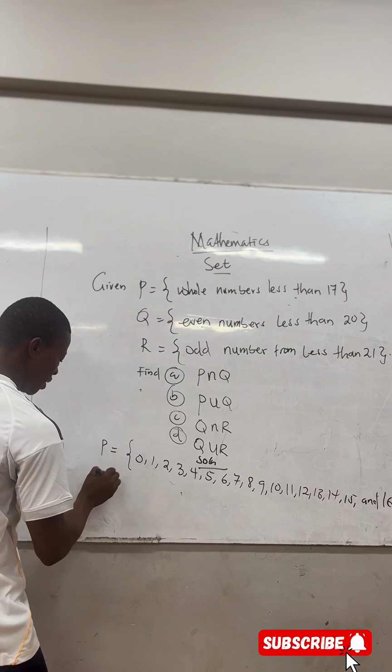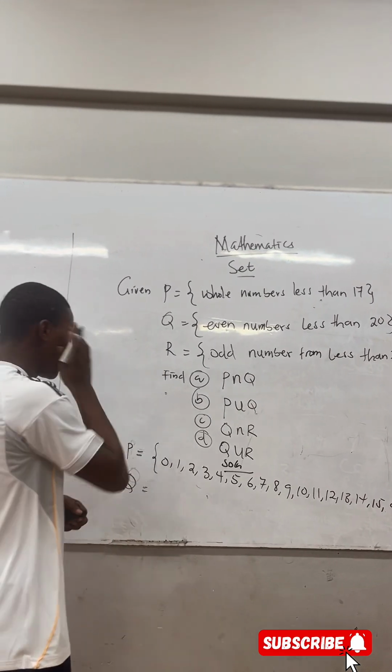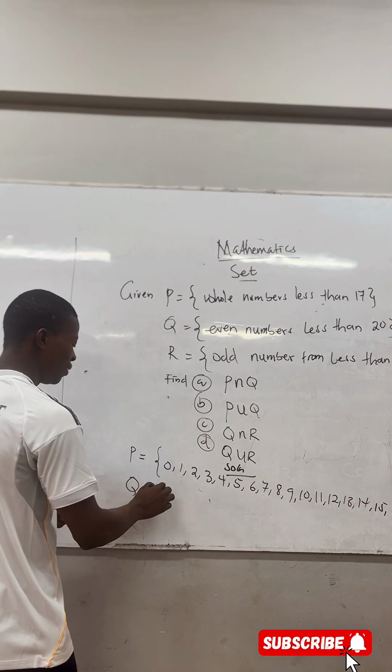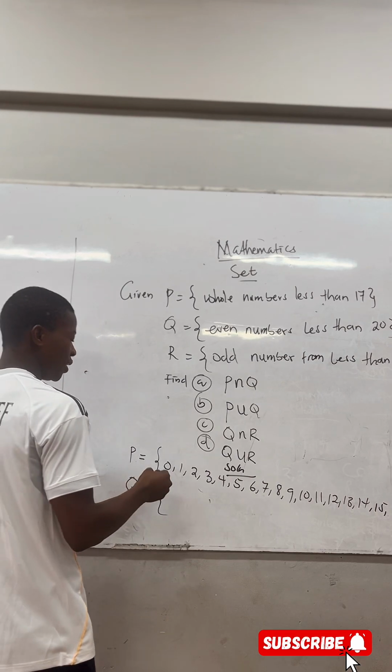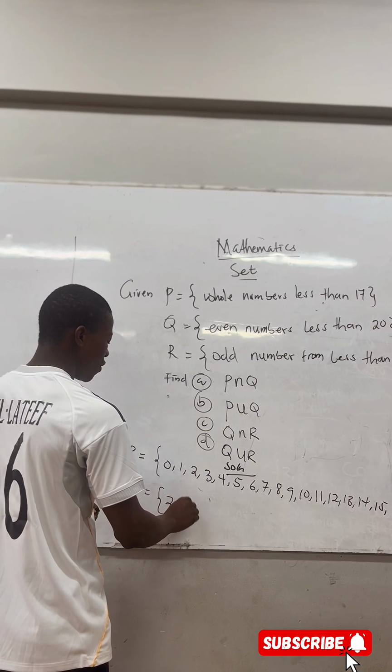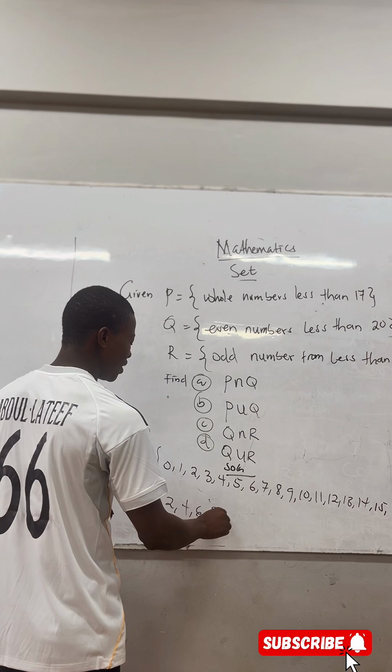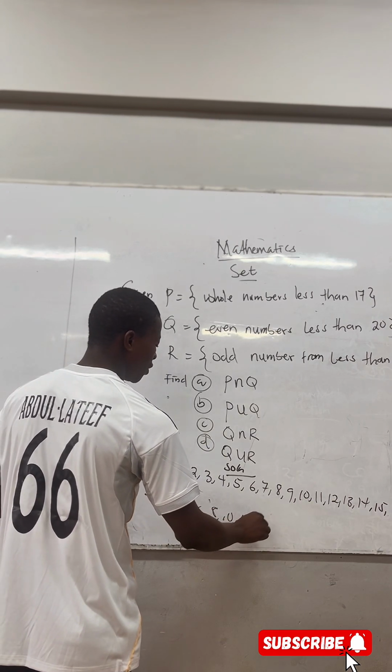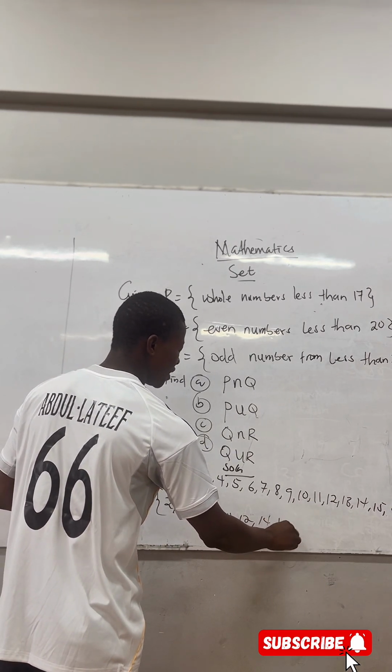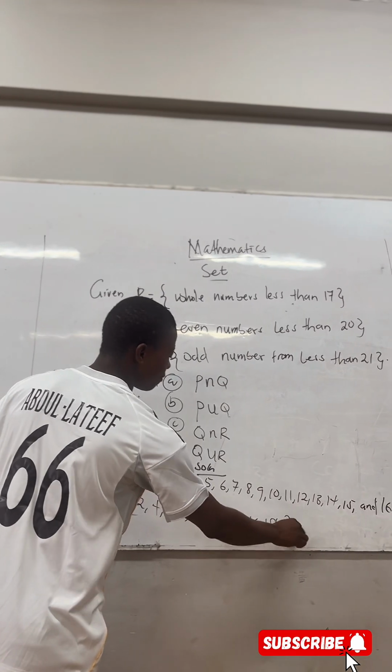Then we have our Q, even numbers less than 20. So we have 2, 4, 6, 8, 10, 12, 14, 16, 18.